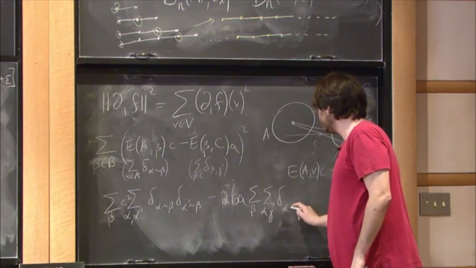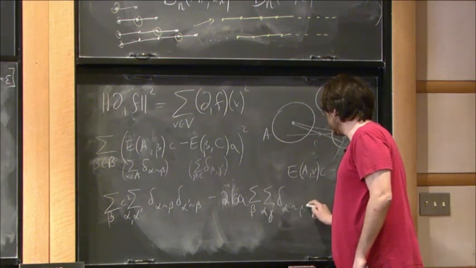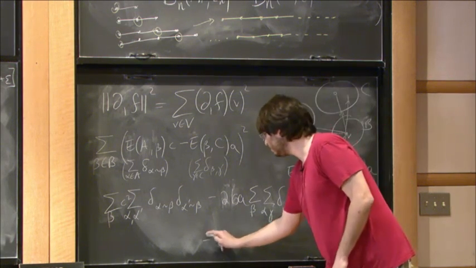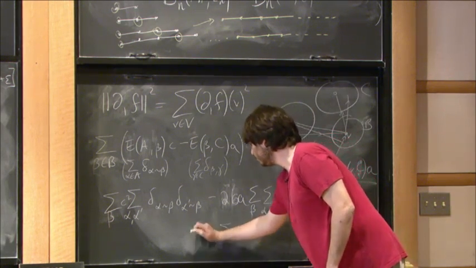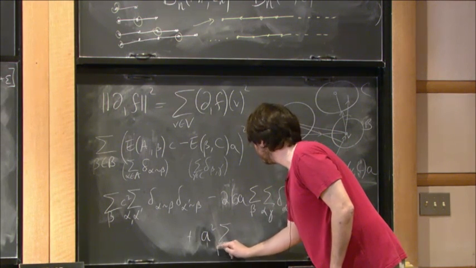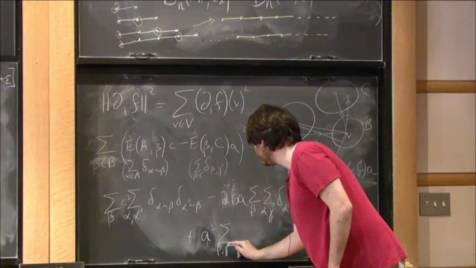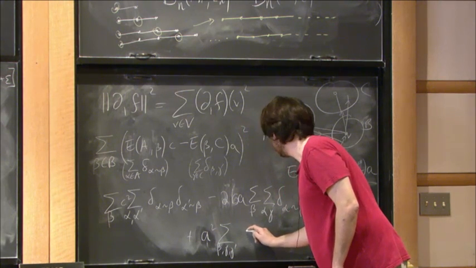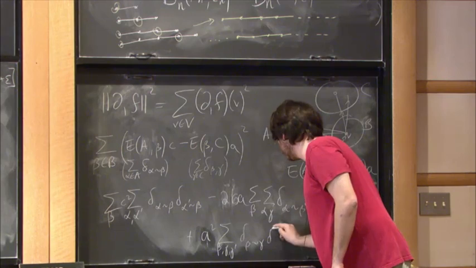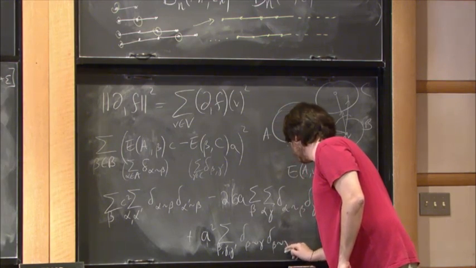So this would be delta alpha beta, delta gamma beta, and A square, beta gamma gamma prime, delta gamma neighbor of gamma, and delta beta neighbor of gamma prime.